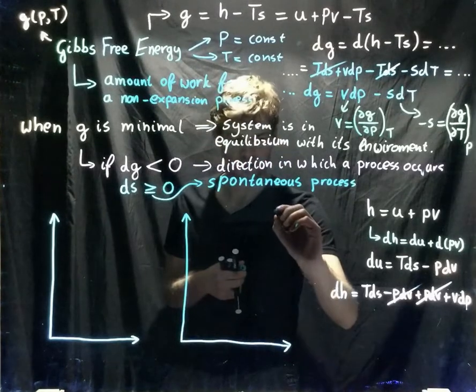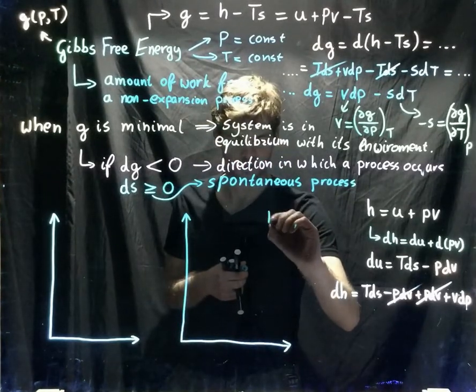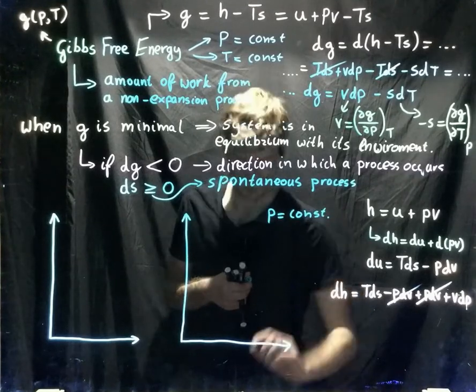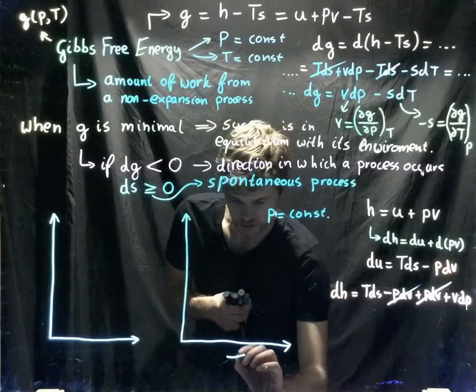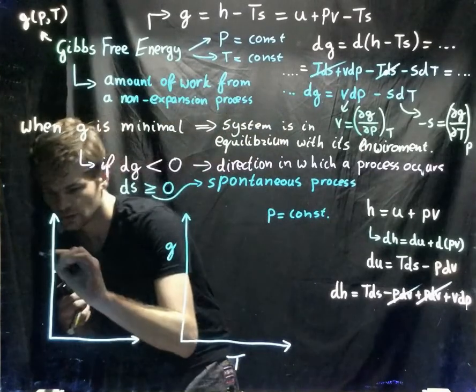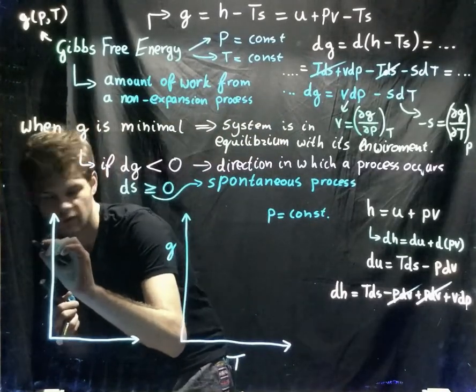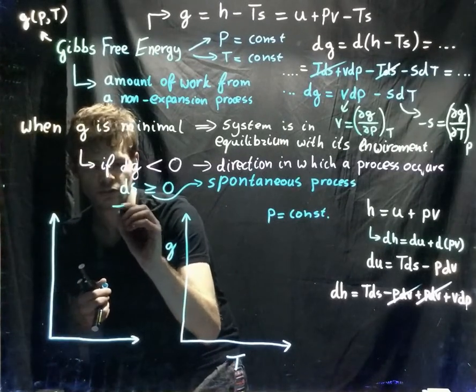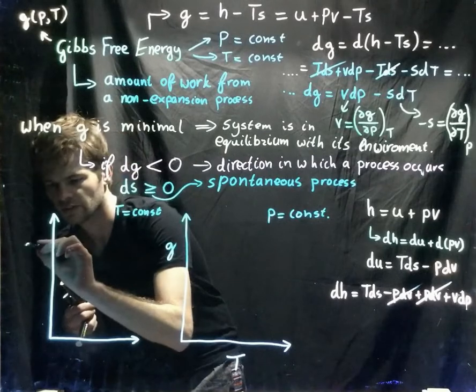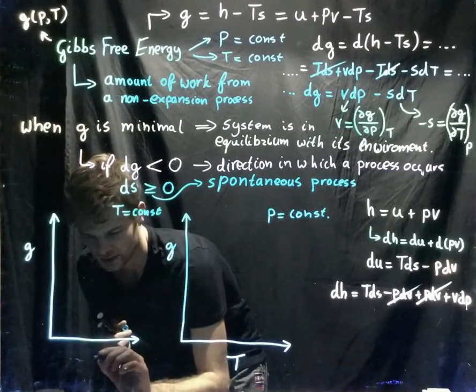So over here the pressure is constant, and we've got the temperature on the horizontal axis, Gibbs free energy on the vertical axis, and here I've got the temperature constant, and over here I've got the Gibbs free energy and the pressure.